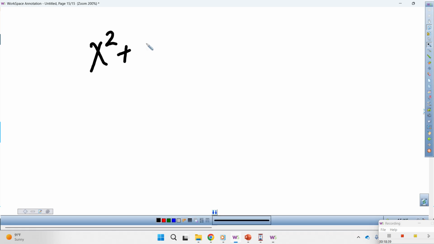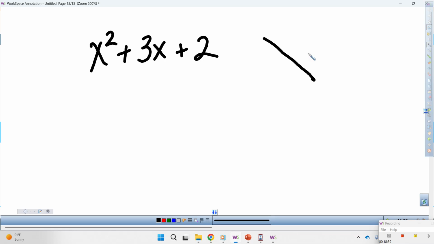X squared plus 3x plus 2. All right. My Power Rangers. One number goes on top, the 2 with a multiplication sign. What goes on the bottom? The 3 with an addition sign. So question, what two numbers multiply give me 2 that when you add them give us 3? 1 and 2.